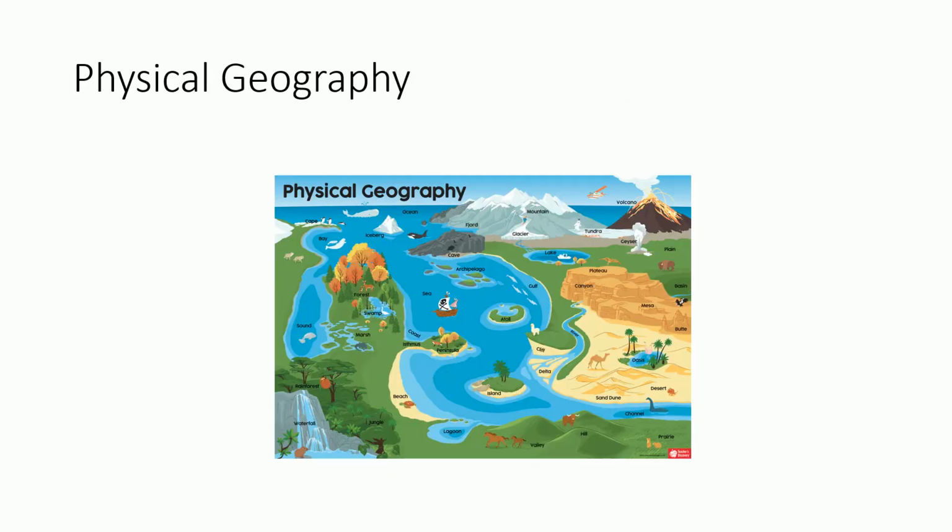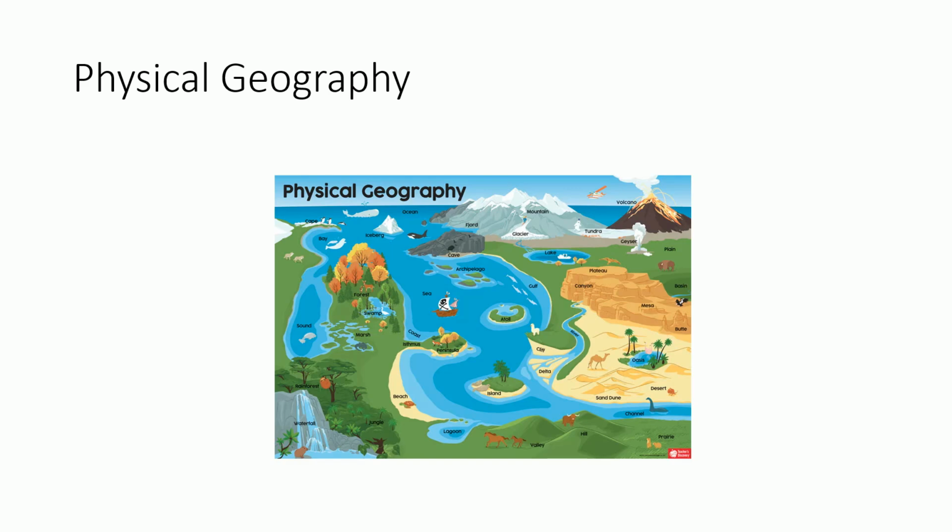But let's start with the more broad topics, starting with what is geography. Essentially, we can break geography down into four relatively broad categories. The first is physical geography. In physical geography, students will study the physical features of the land that make up this earth.